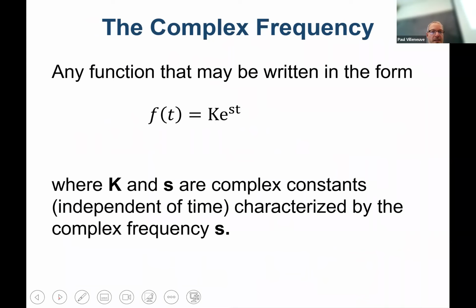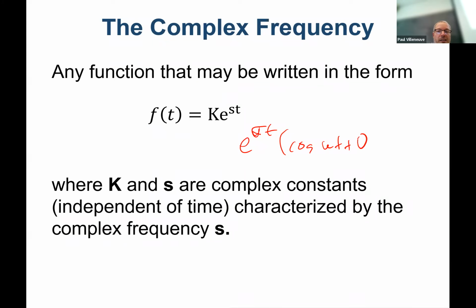Oh, so this will be the last slide. What we're going to do is come up with a general expression that combines our complex exponential, e to the gamma t, and our cosine of omega t plus theta, all in one fell swoop. There's a little bit of math to get there.